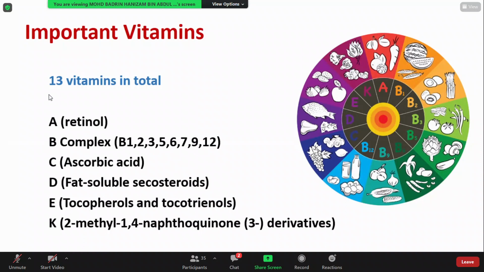So I hope that you will be able to memorize all the names of these vitamins. And vitamin A only one, retinol; vitamin B, eight types of vitamin in the vitamin B complex; vitamin C, ascorbic acid, and so on.